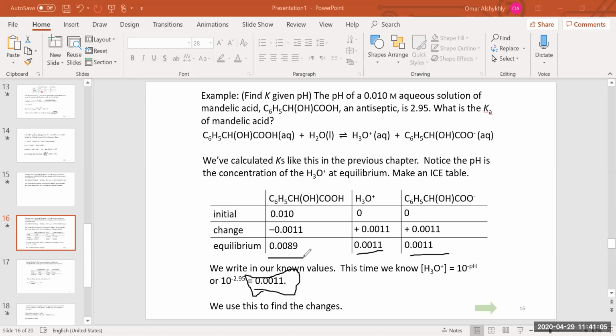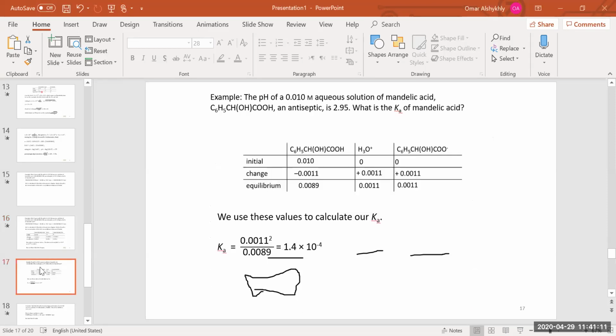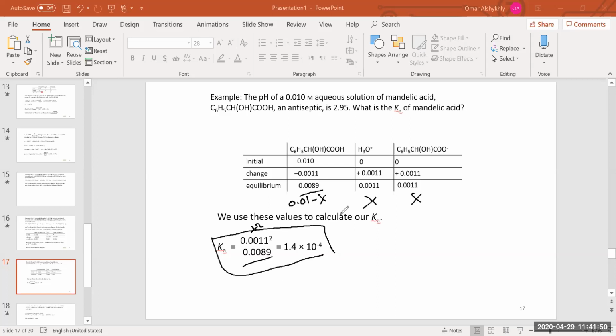Now substitute it in the Ka equation. So we will have Ka equal X squared over 0.01 minus X. Substitute it here, and you will get the value of Ka for that acid.